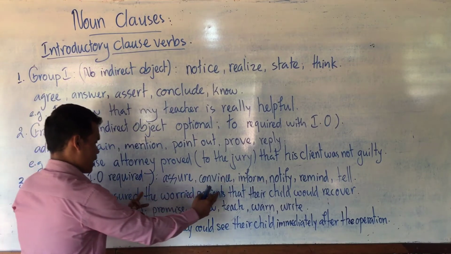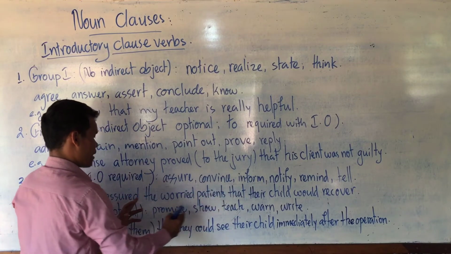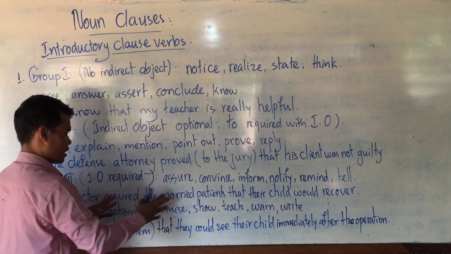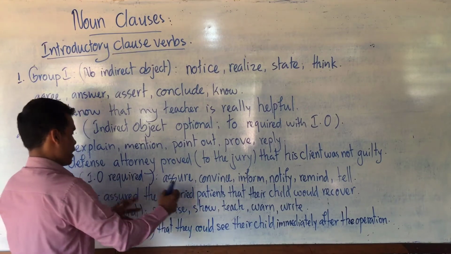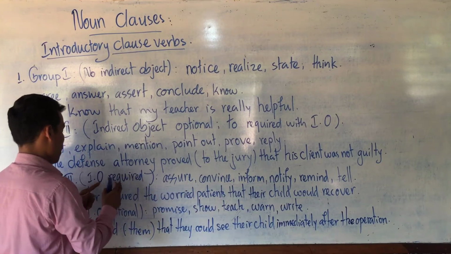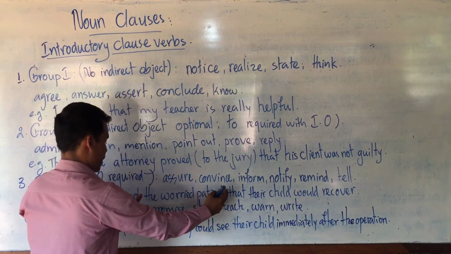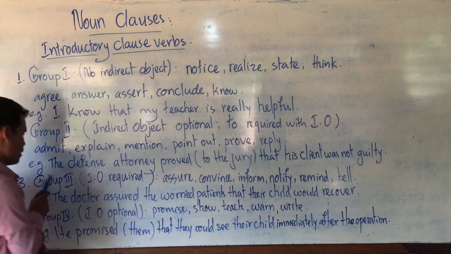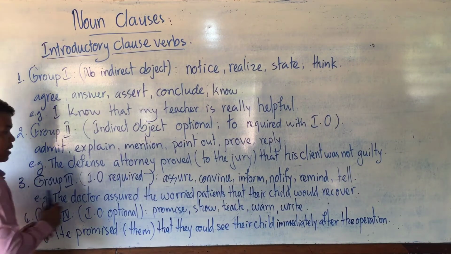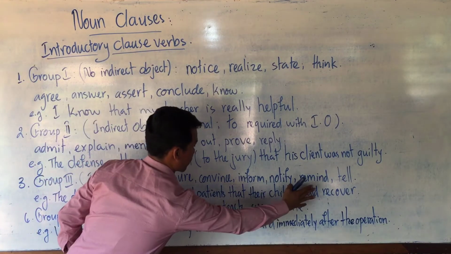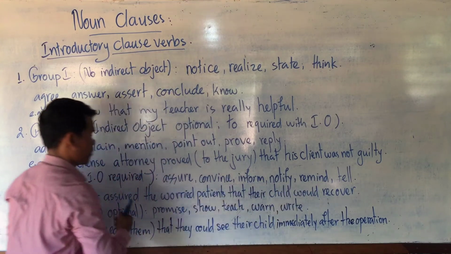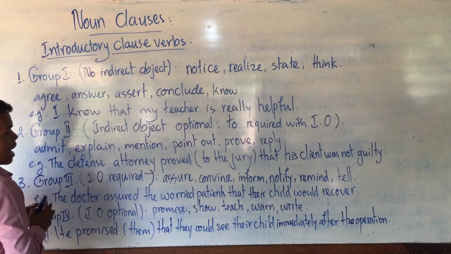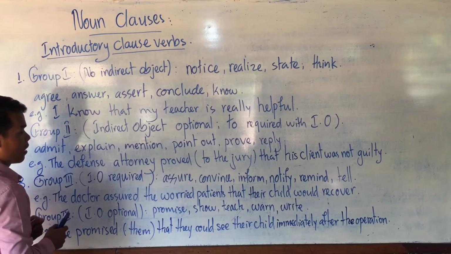The worried patients are really important in this sentence. It is the indirect object, but the indirect object here cannot be omitted at all. It is group number 3. So from that to recover is the direct object. So the noun clause here functions as the direct object.